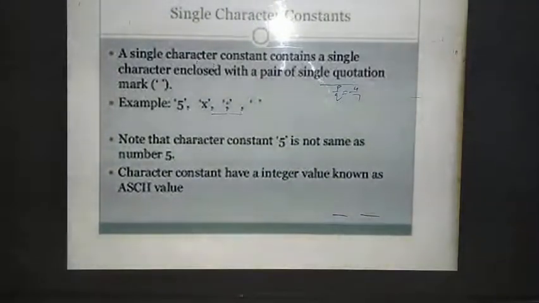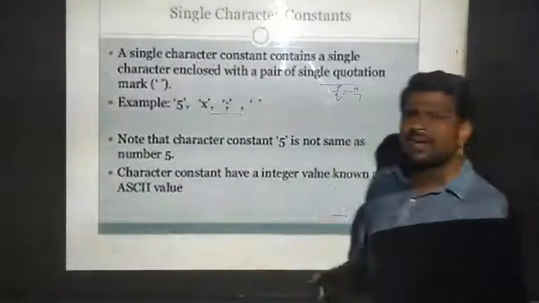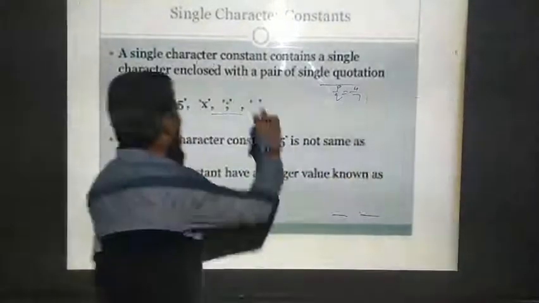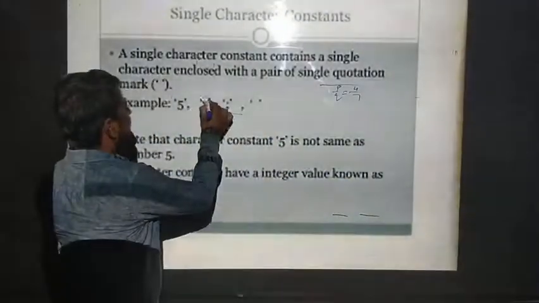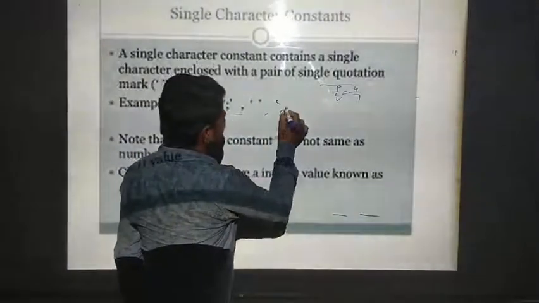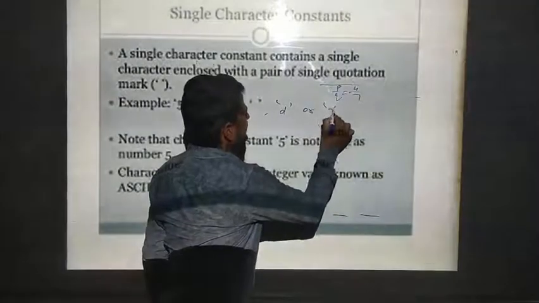If we see single character constant, a single character constant contains a single character enclosed within a pair of single quotes. It may be a number, it may be a symbol, but it should be enclosed within single quotes, like D or 7.